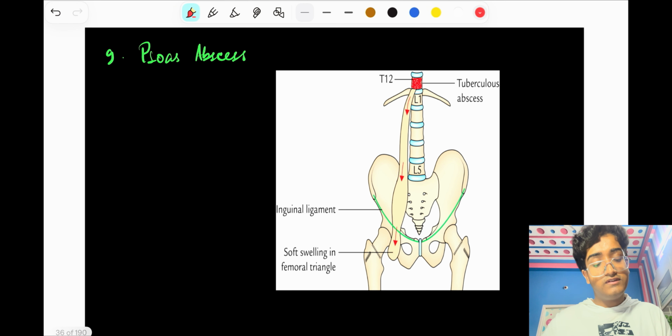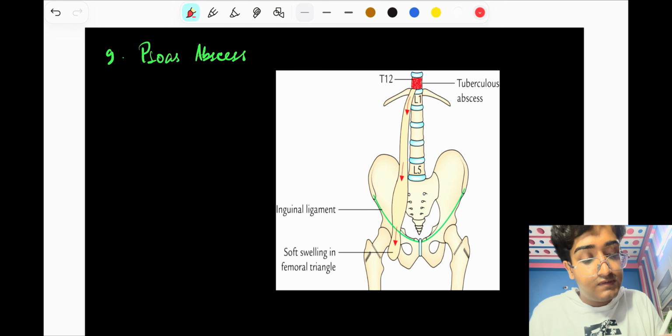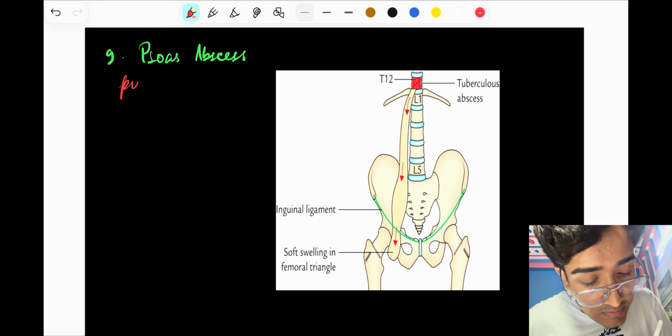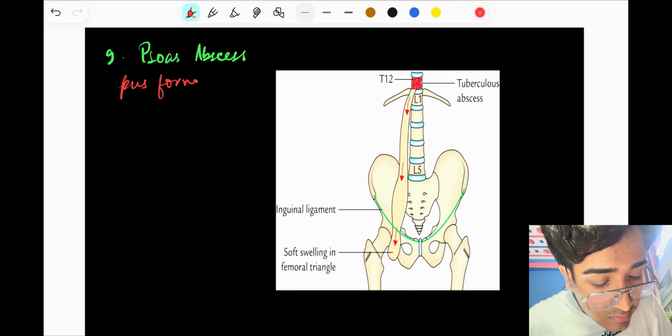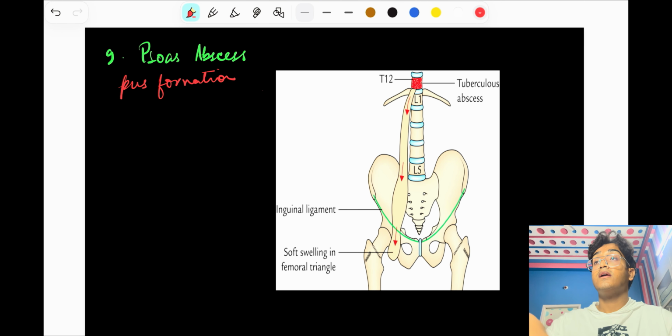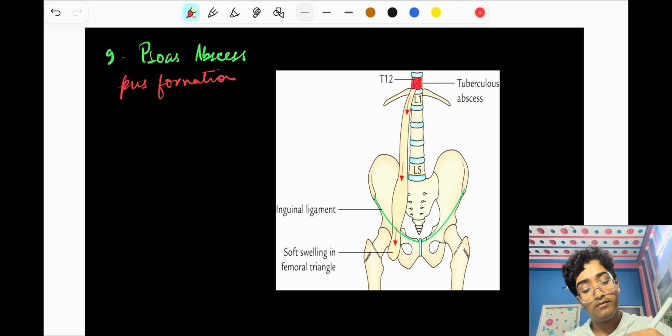Lastly, we have the psoas abscess, which is the last clinical correlation of the femoral triangle. It is nothing but pus formation within the psoas major muscle.